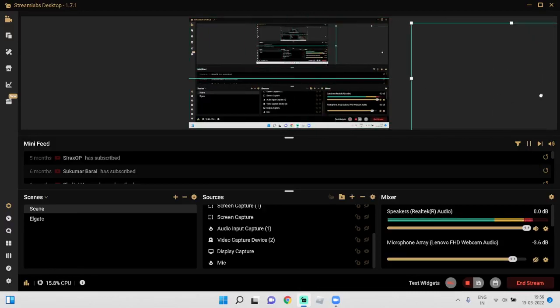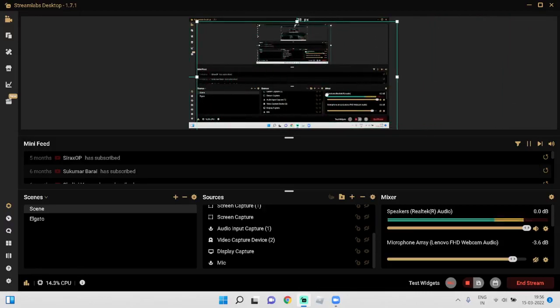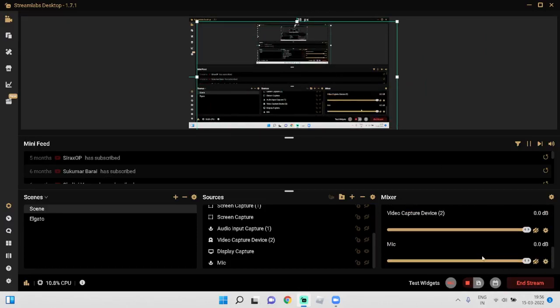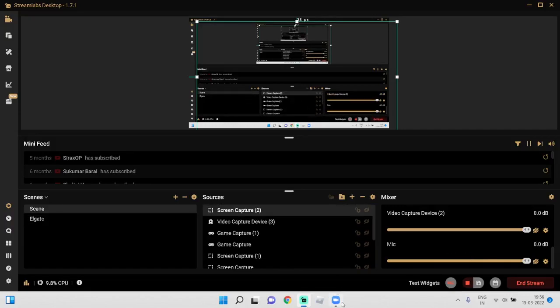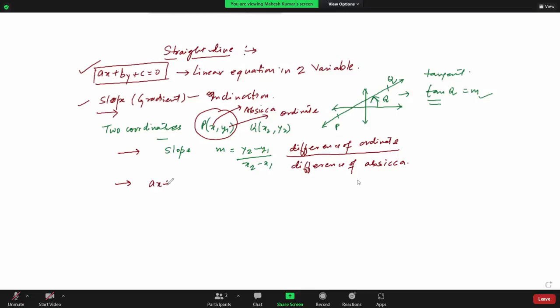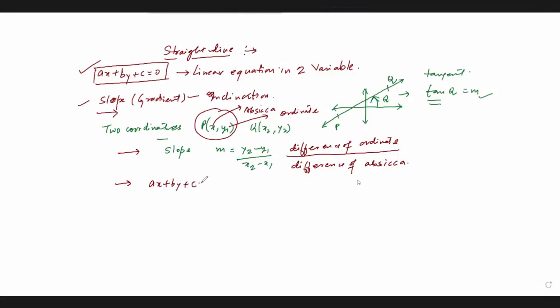So we have done two ways to find a slope. The third way to find a slope is when an equation has been given to us, that is ax plus by plus c equals 0. As you know, this is a linear equation in two variables. It represents a straight line, and we can say that it is the general equation of a straight line.